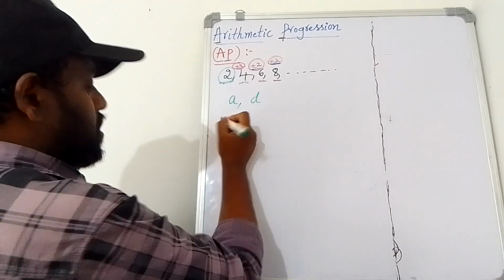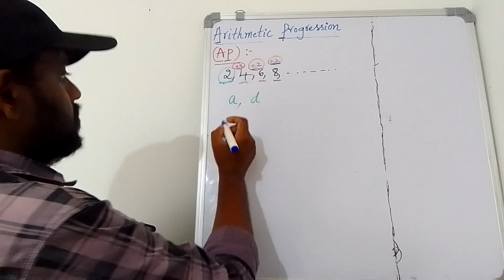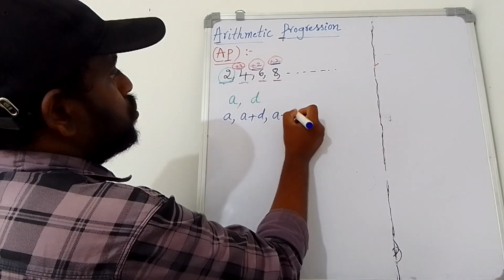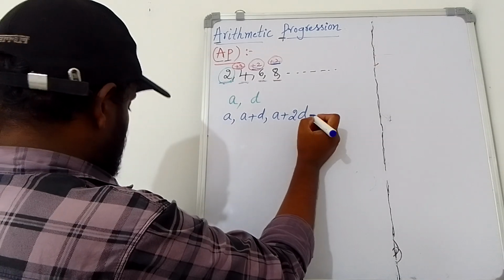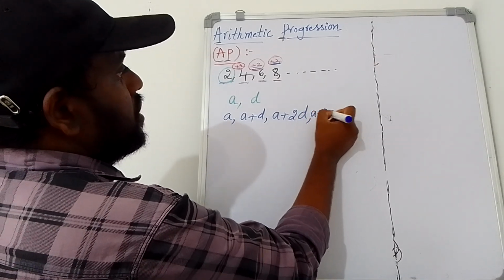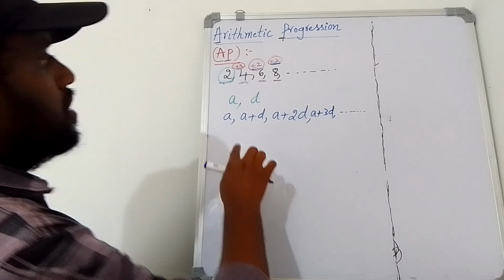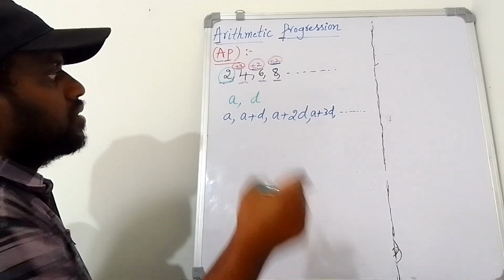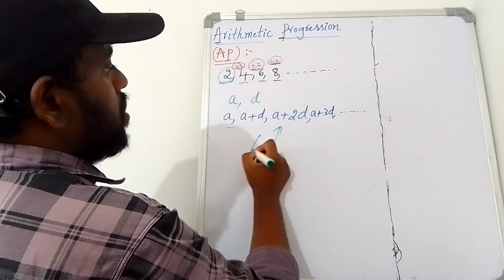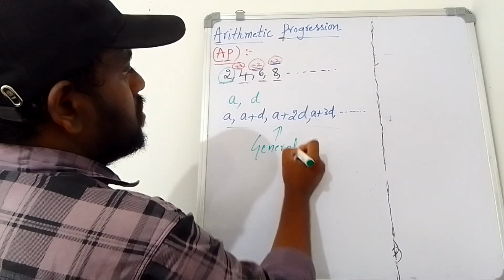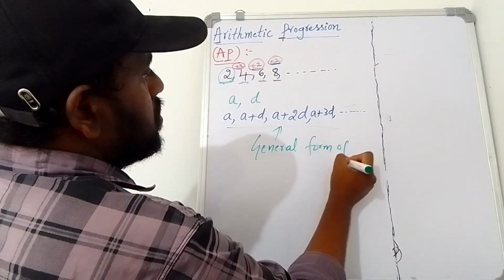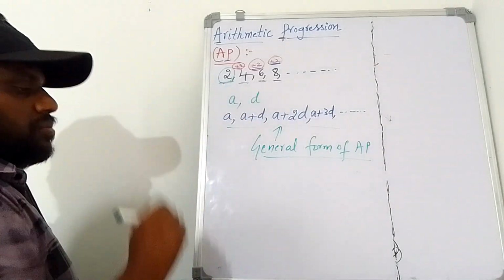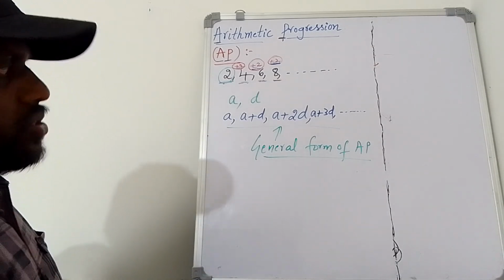The general form of AP is A, A plus D, A plus 2D, A plus 3D, etc. This is the general form of AP. Okay, remember this.